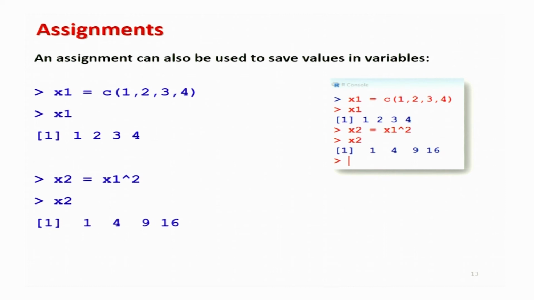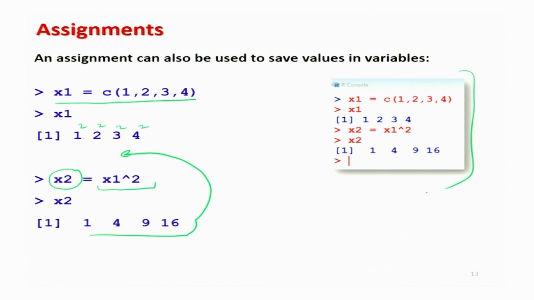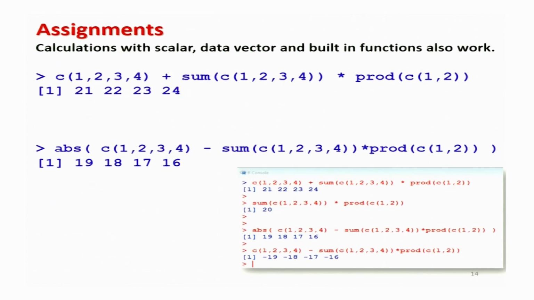For example, I give an input x1 as a data vector of the values 1, 2, 3, 4, and then I define a new variable, x1 square, and store it in a new variable x2. You can see this x2 will give me the values 1, 4, 9, 16, which are the square of 1, 2, 3 and 4, right. So, this is also possible. These are the outcomes on the R console, right.